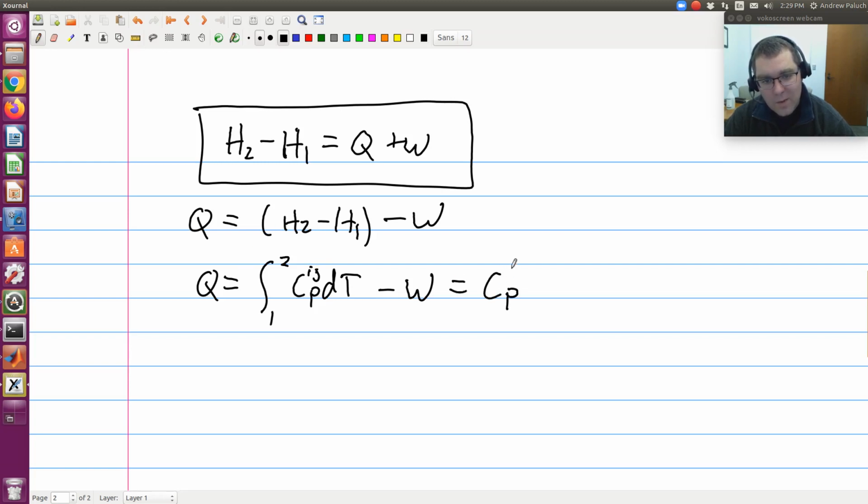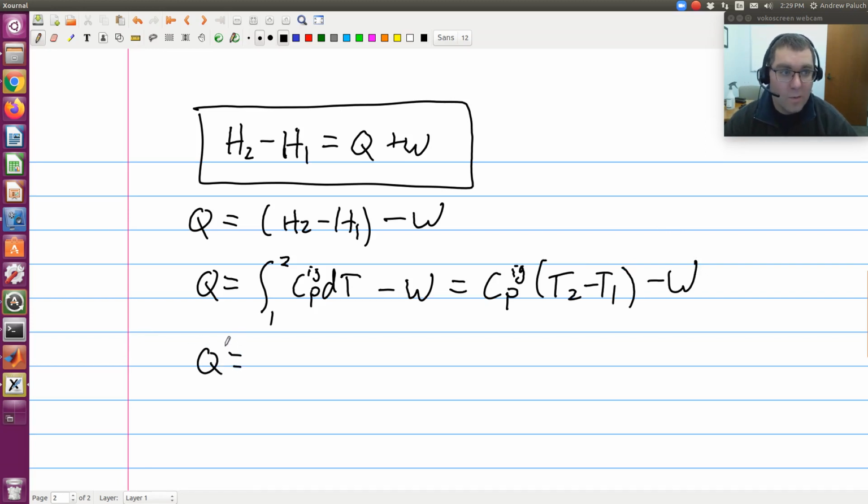So that's Cp, ideal gas, times T2 minus T1, minus W, where W was our negative 4,500 kilojoules per mole.